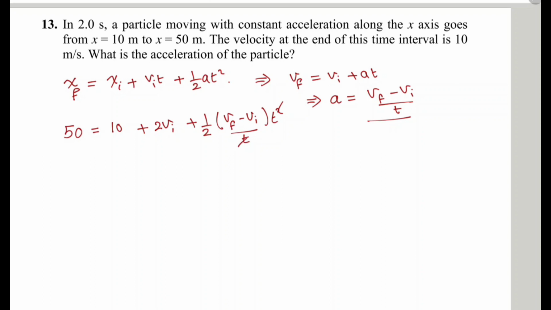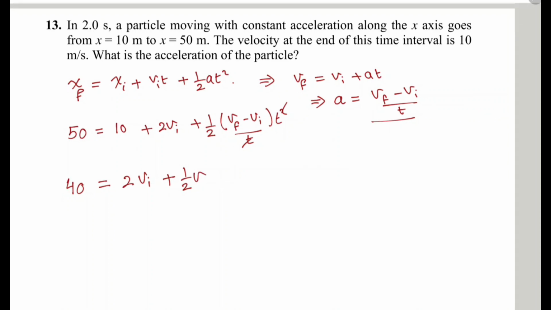So the t square goes with this one, and you will find 40 equal to 2 V initial plus half V final t minus V initial t, or 40 equal to 2 V initial plus 10 minus V initial.